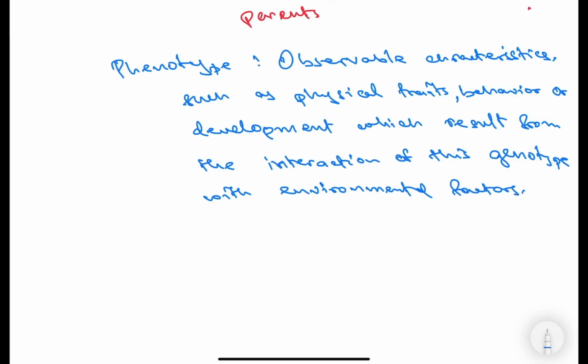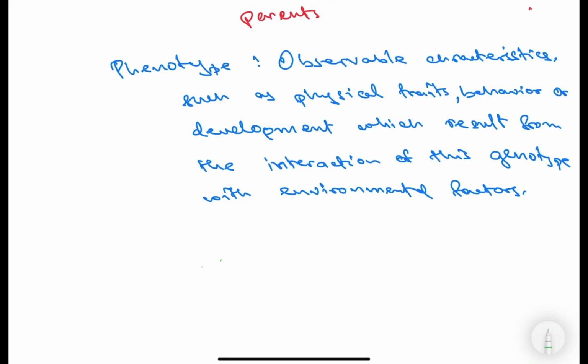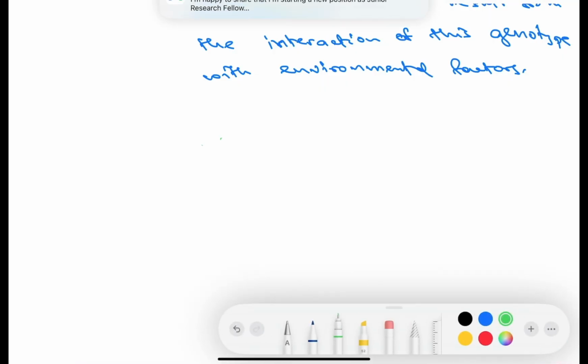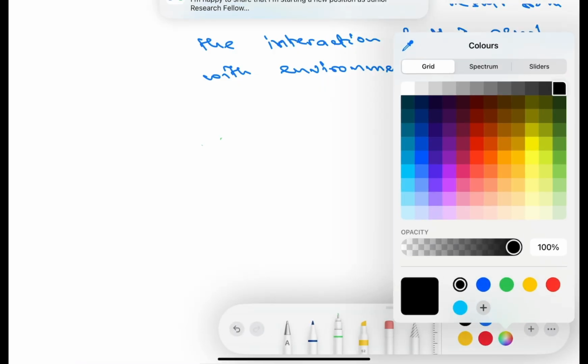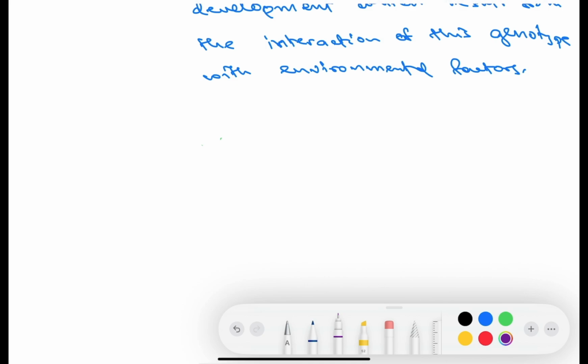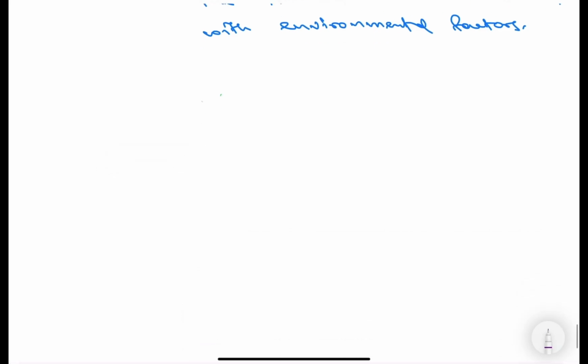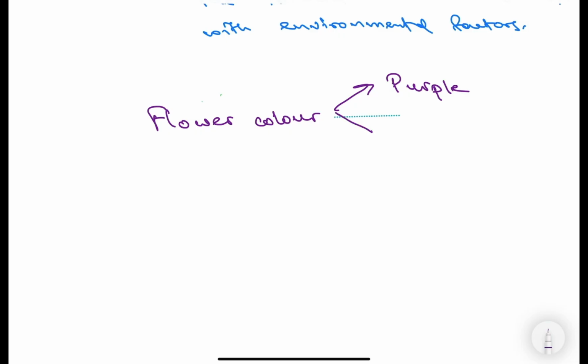Okay, now let's take another trait for an example. Suppose flower color. This is the character and it has two traits, that is purple and white.